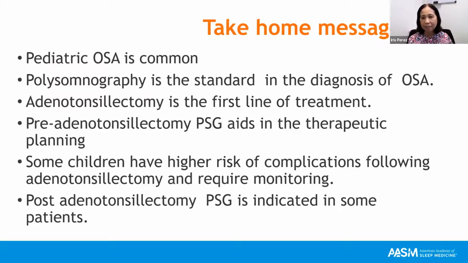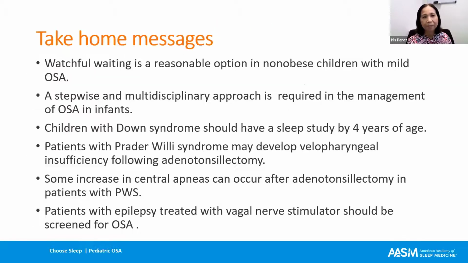Post-adenotonsillectomy, PSG is indicated in some patients, and watchful waiting is reasonable in non-obese children with mild OSA and symptoms. And a stepwise and multidisciplinary approach is required in the management of OSA in infants. Those with Down syndrome should have a sleep study by 4 years of age.